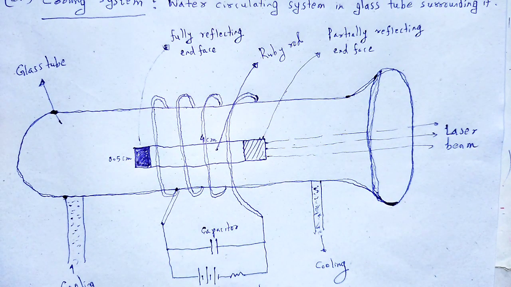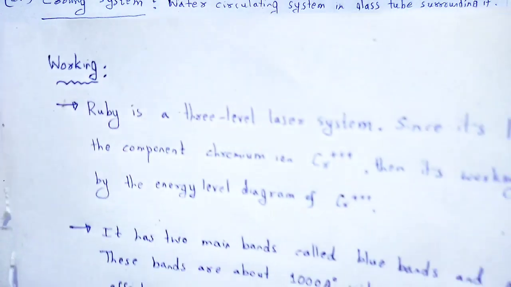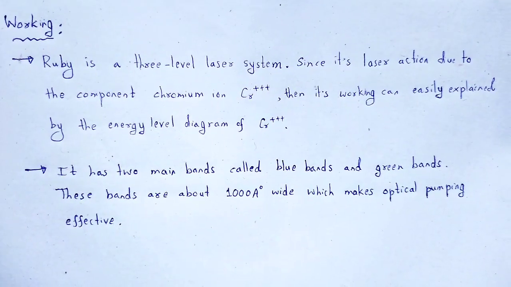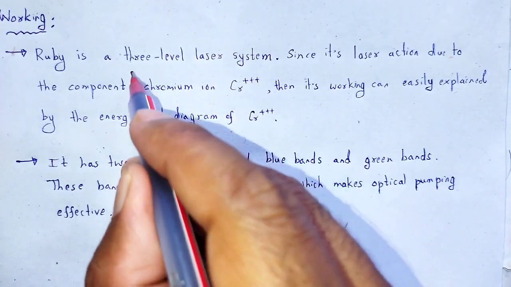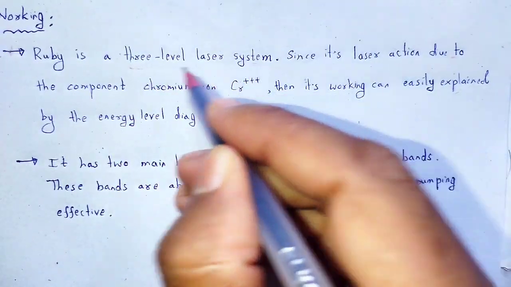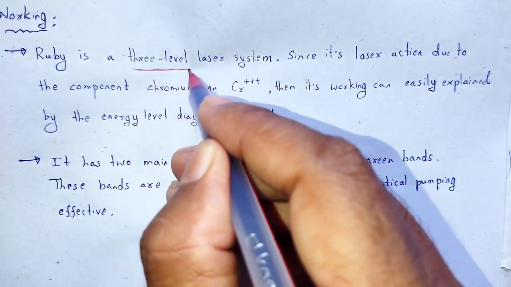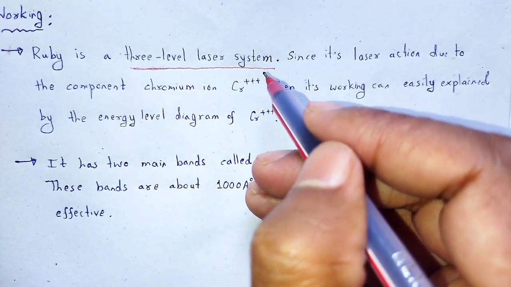Next, the working of ruby laser. Ruby is a 3-level laser system. In the previous video lecture, we have seen what a 3-level laser system is.